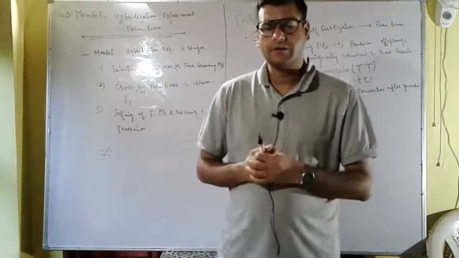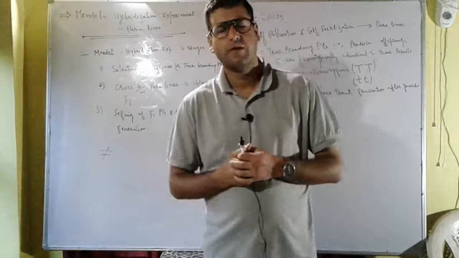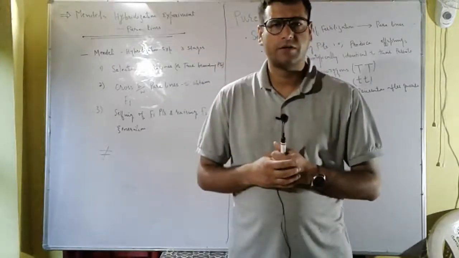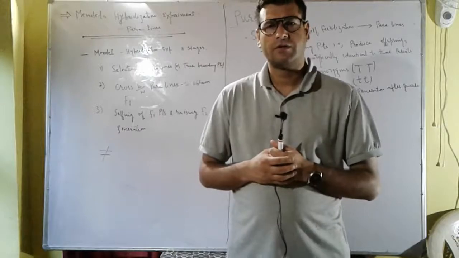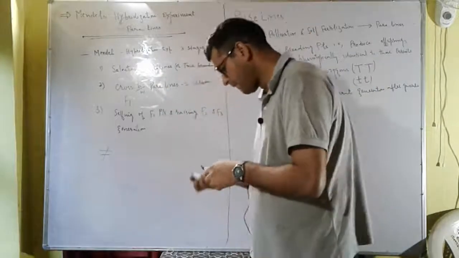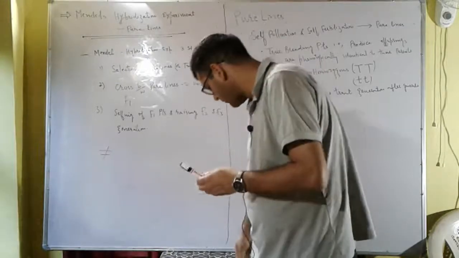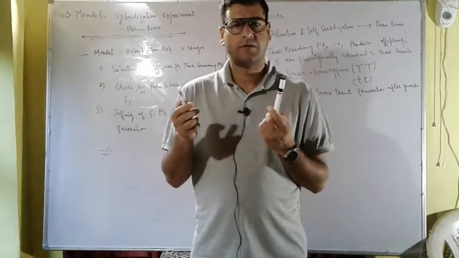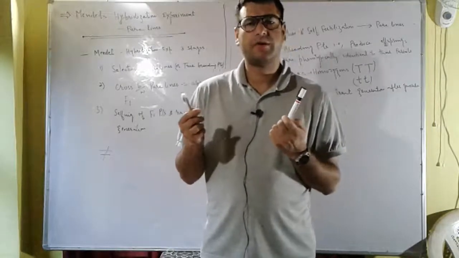For example, if we have two pea plants with round seeds, this is a pea plant with round seeds, and this is a pea plant with round seeds.